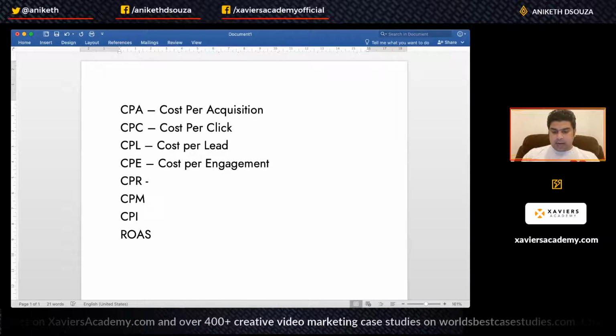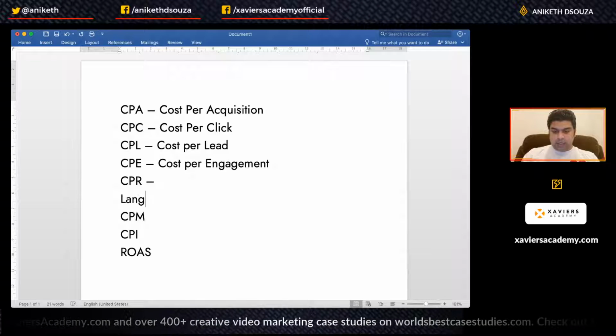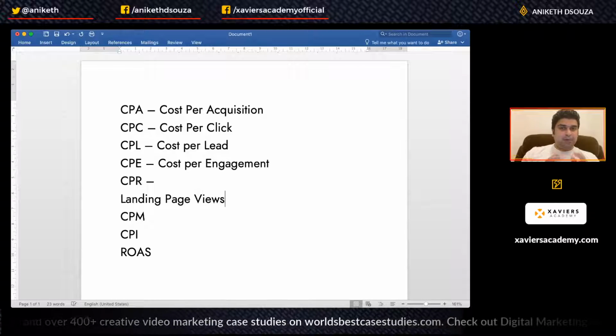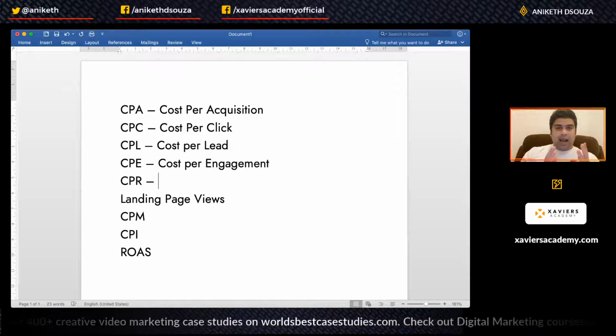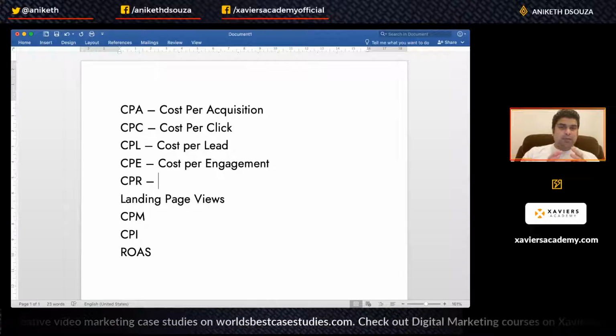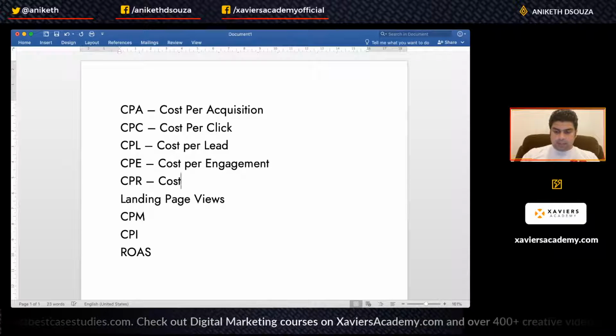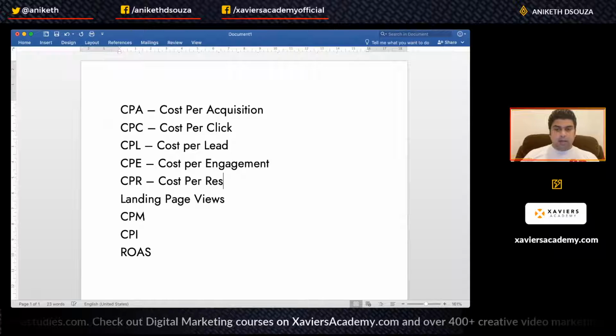Let me add that as well, because this is something that's unique to Facebook. So Facebook just uses one single term, CPR, which stands for cost per result.